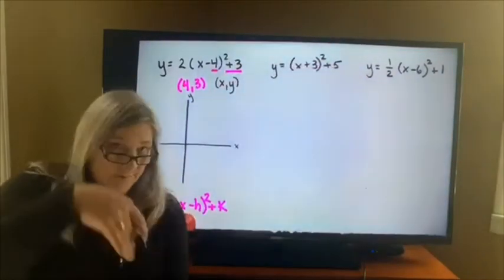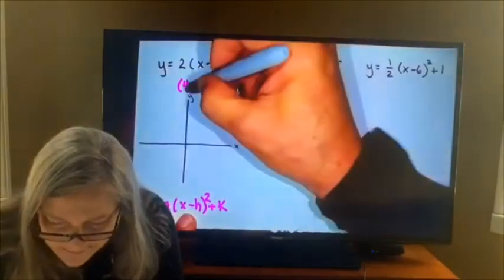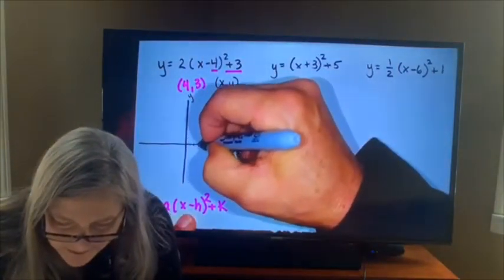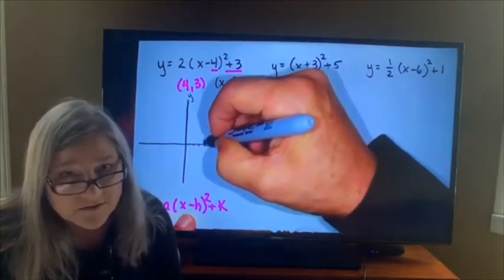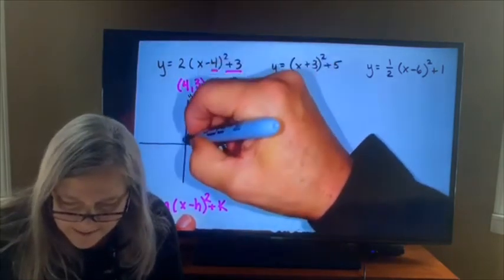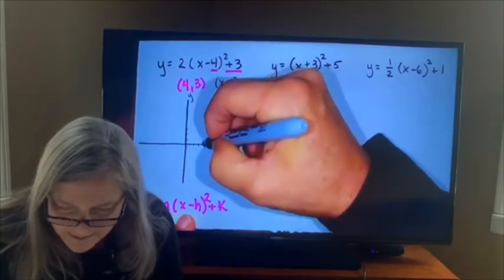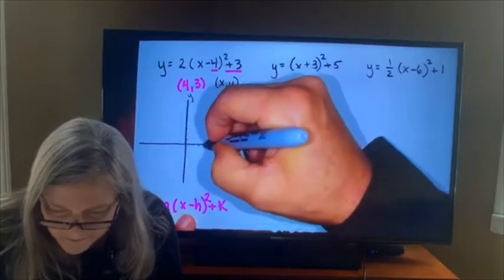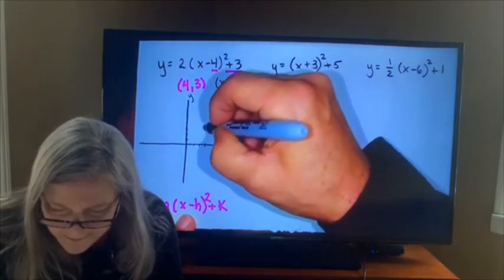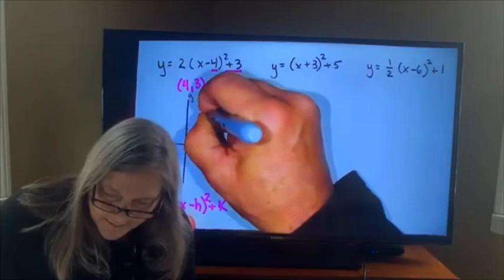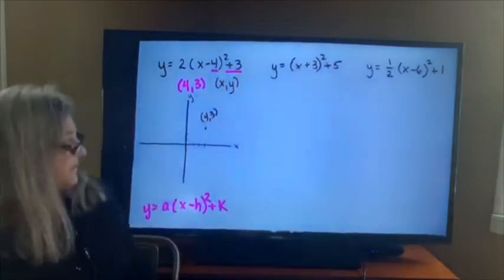You can do a dance motion. So x is 4. 1, 2, 3, 4. So that's how far it goes over on the x. Y is 3. 1, 2, 3. So I'm going to put my point, go over 4 and up 3. I'm going to put that point right there, and I'm going to mark it 4, 3.